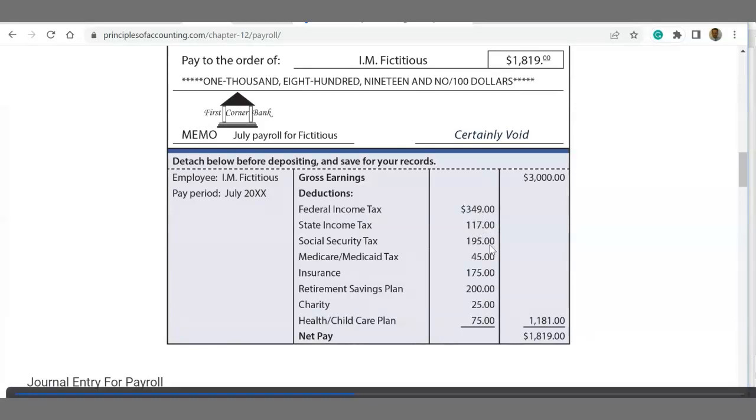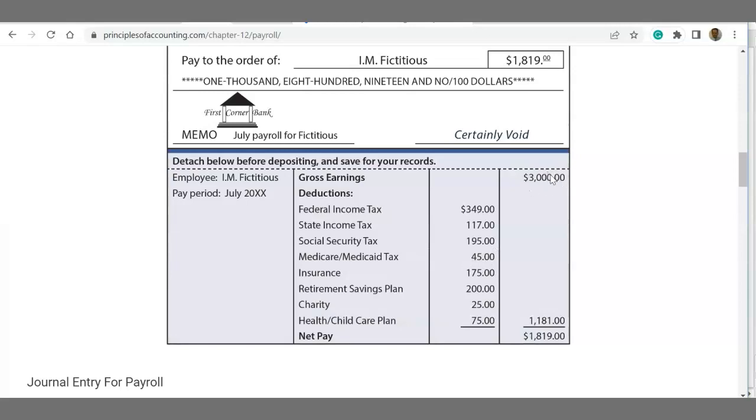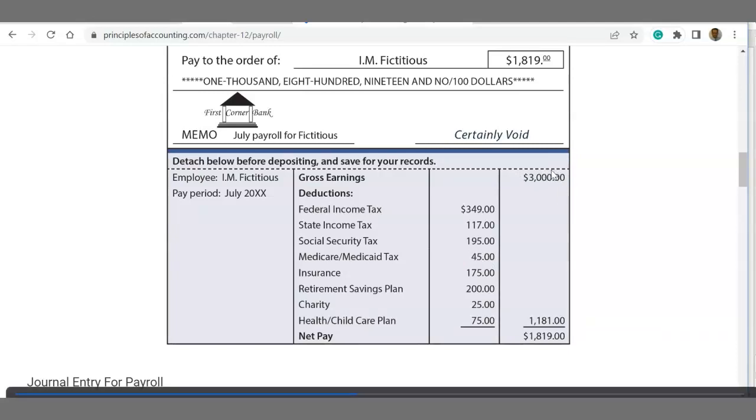But Social Security tax is easy because that's 6.2% of that 3,000. Medicare is 2.9% of this 3,000. No, sorry, not 2.9. 2.9 divided by 2, which is 1.45% of this $3,000.